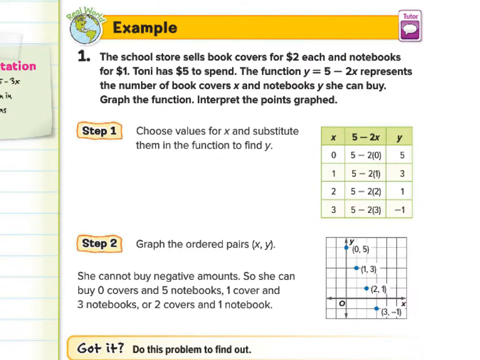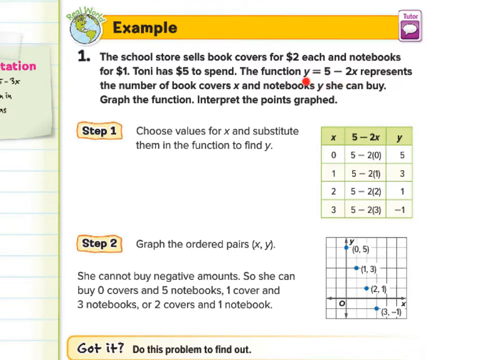Let's take a look at this other example where the school store sells book covers for $2 each and notebooks for $1. Tony has $5 to spend. The function, the total, which is y, equals 5 minus 2x, represents the number of book covers x and notebooks y she can buy. Graph the function.